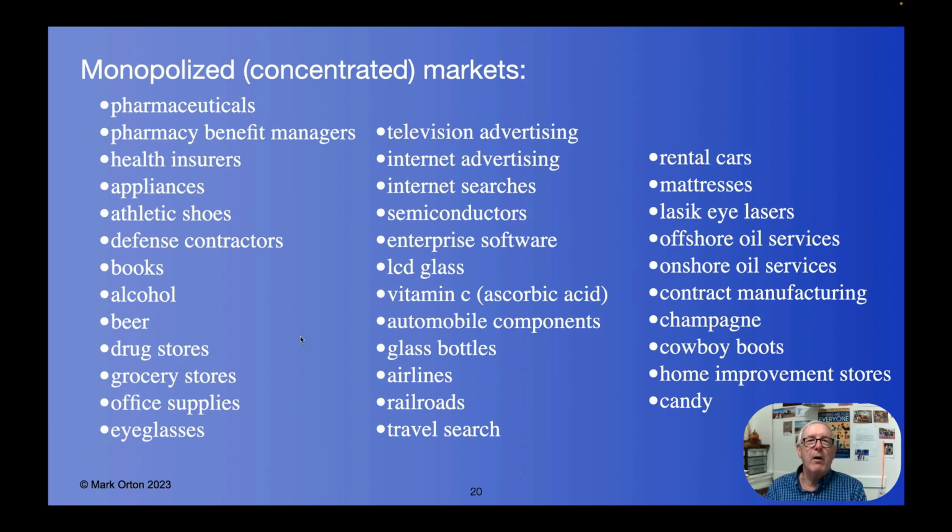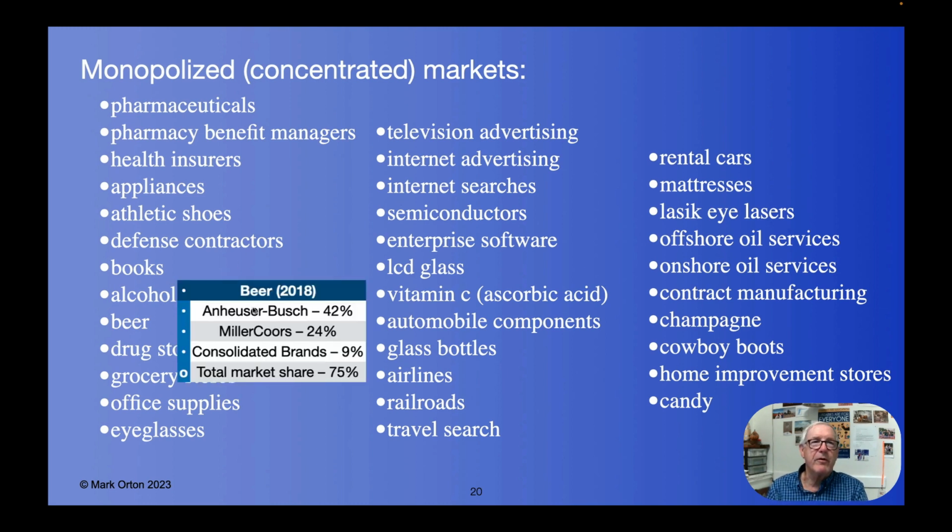So here's a kind of a listing. It's not exactly comprehensive, but it indicates to you the scope and scale of markets in the United States that are concentrated. Some of these we have regular interface with, like grocery stores, drug stores, airlines, rental cars, and here's just a couple of examples.